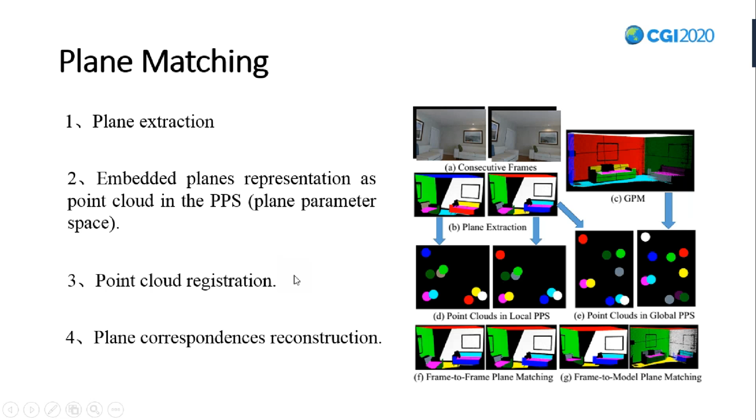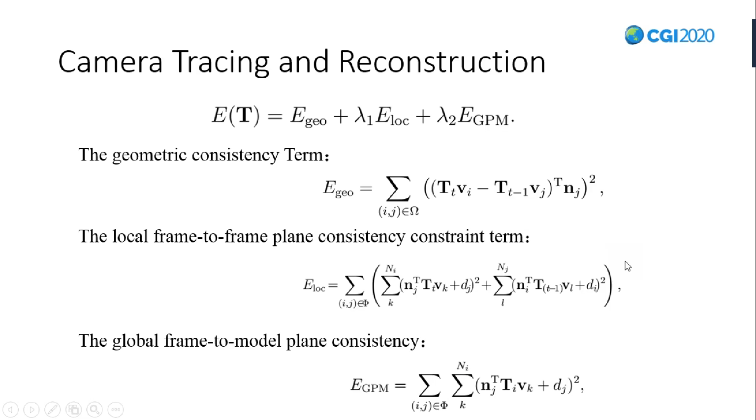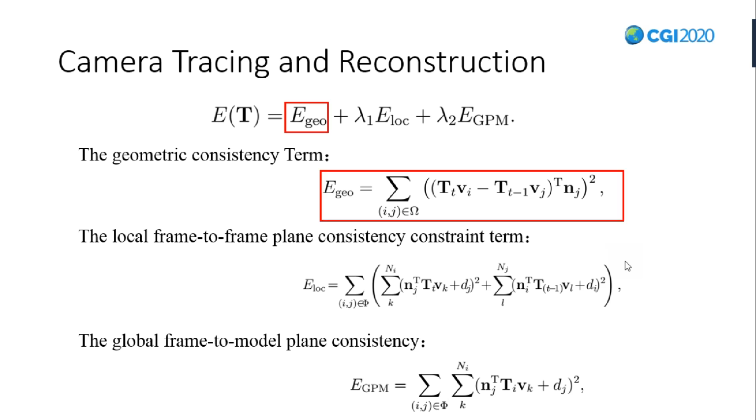The detailed steps to establish the correspondence between planes through point cloud matching. After we get the local plane correspondence and the global plane correspondence of the current frame, we construct the objective function to estimate the camera pose of the current frame. This is the geometric consistency term, which represents the standard ICP camera tracking between consecutive frames.